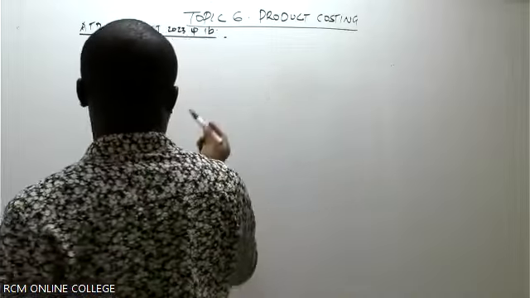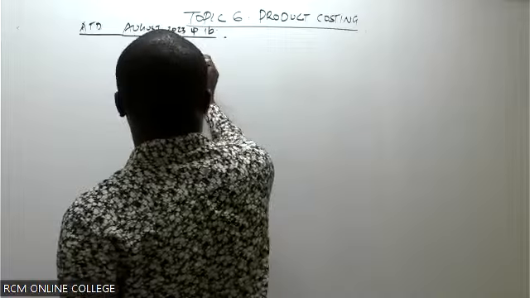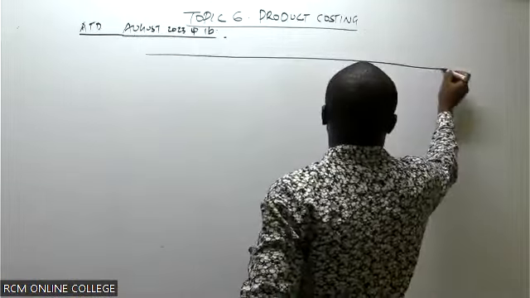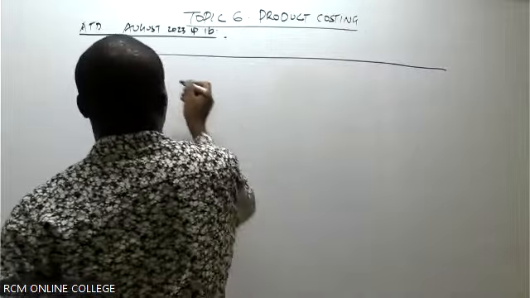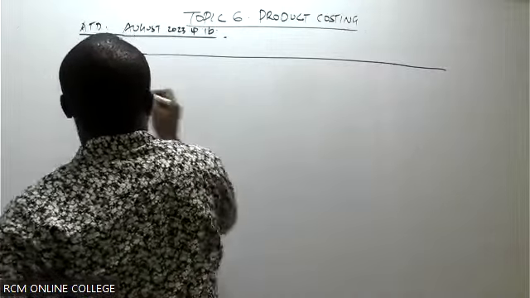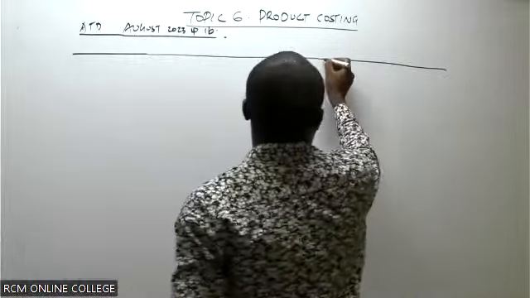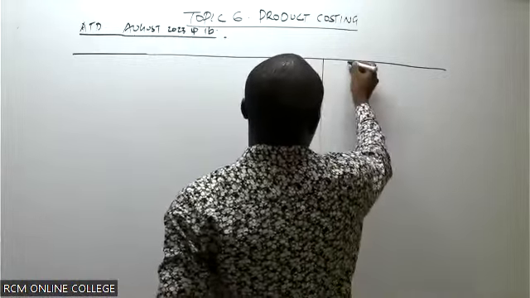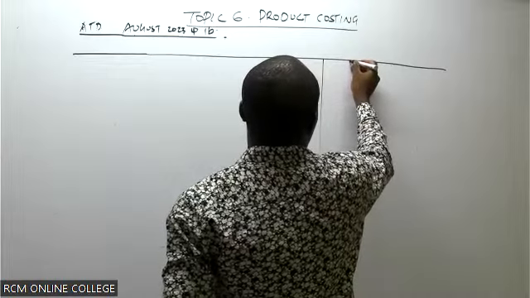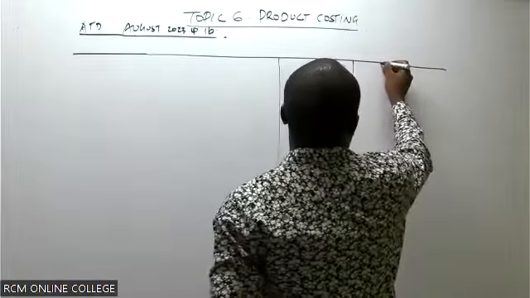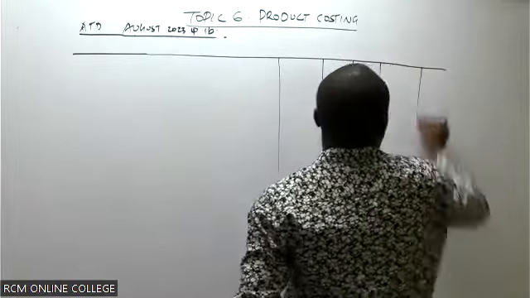This is the format. I'm going to do process 1, and from that point, you are going to learn a lot of things. So our process one will be having this particular format. We have units, we have cost per unit, and then we have amount.